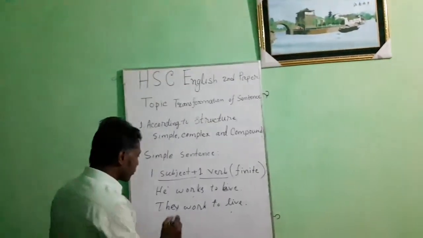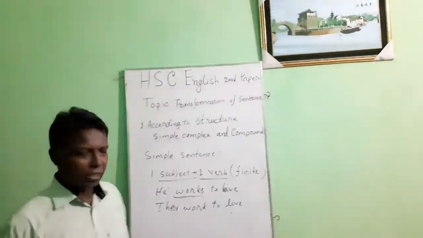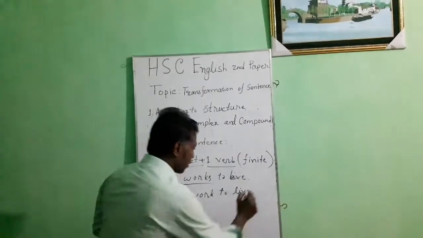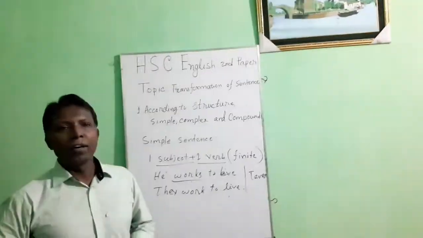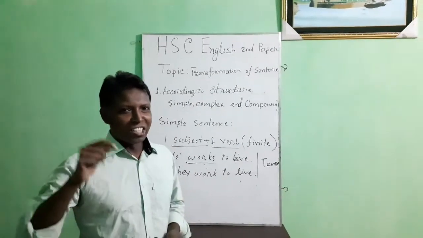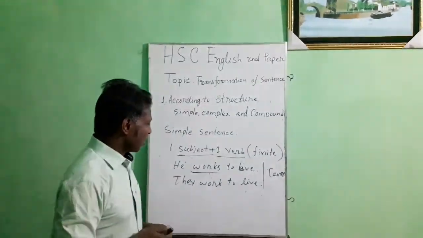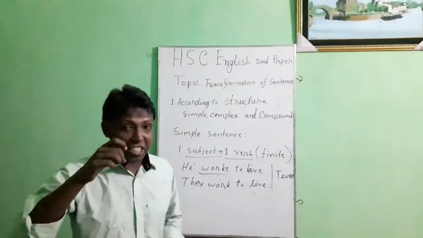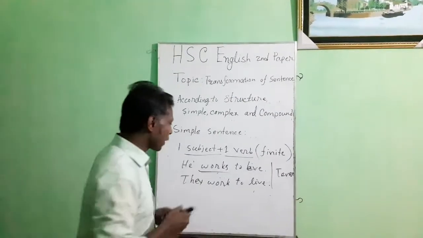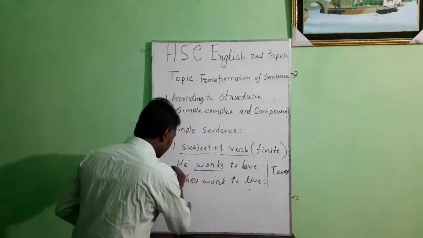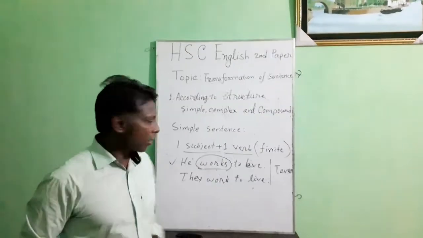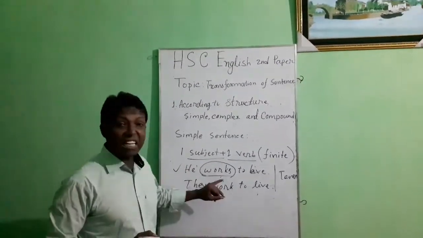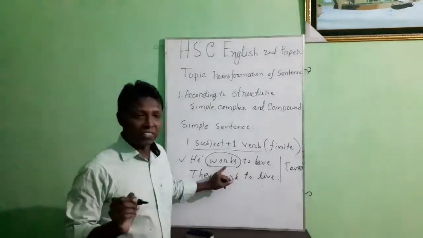In the first example, works. This is tense. When tense is changing, when the form of the verb is changing, we call it finite verb. For example, in the first sentence, works, we have a third person singular subject, and we add s at the end of the word.